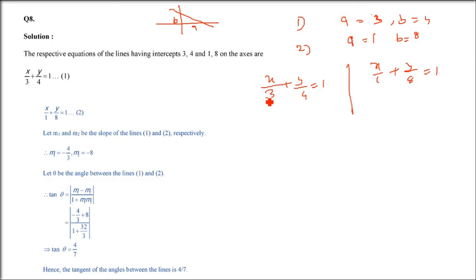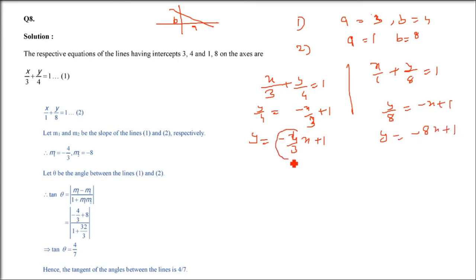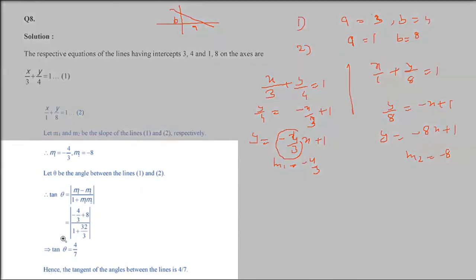What do you get for m? You can write it in y equals mx plus c form. y by 4 equals minus x by 3 plus 1, and multiplying by 4, you get y equals minus 4 by 3 x plus 4. Here y by 8 equals minus x plus 1, so y equals minus 8x plus 8. So the slope here is minus 4 by 3, m1, and here the slope is minus 8, m2.